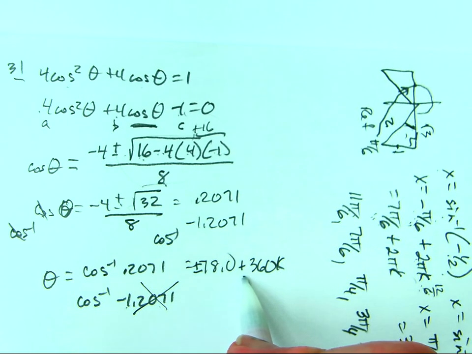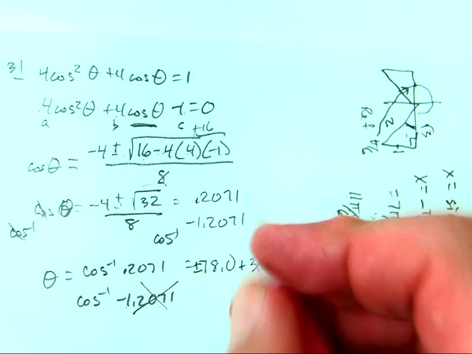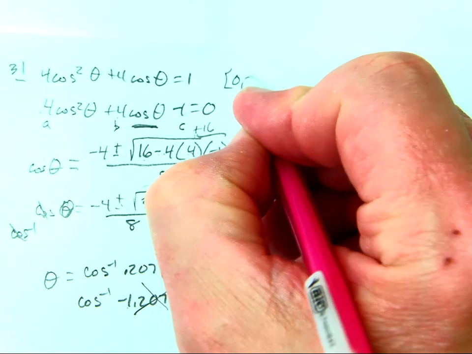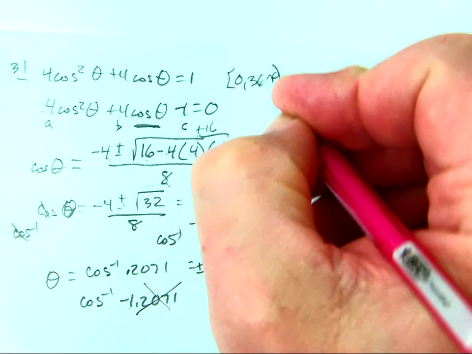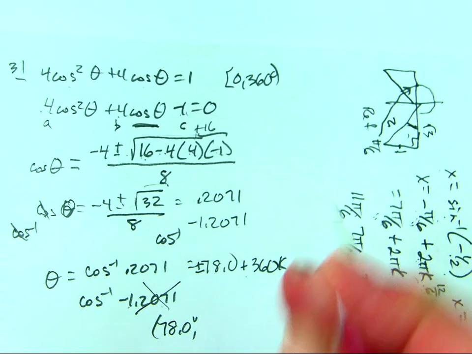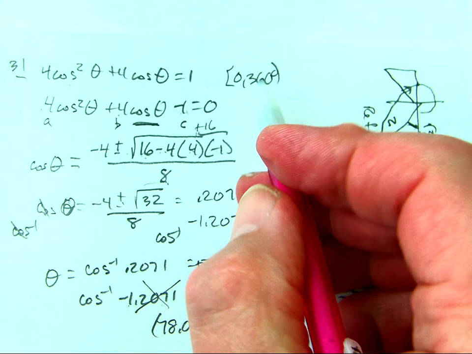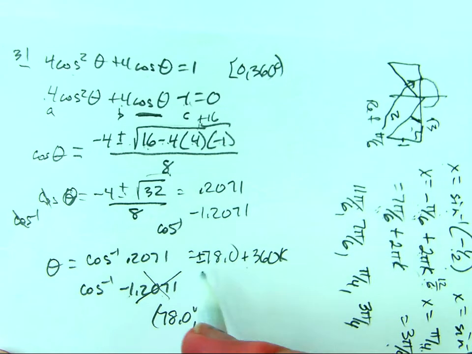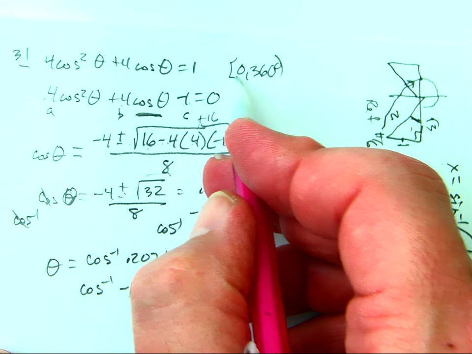Well, now we need to find everything that fits again between 0 and 360. Start with 78, that fits. If we add 360, 438, too big. Go to negative 78, that doesn't fit, no negatives.